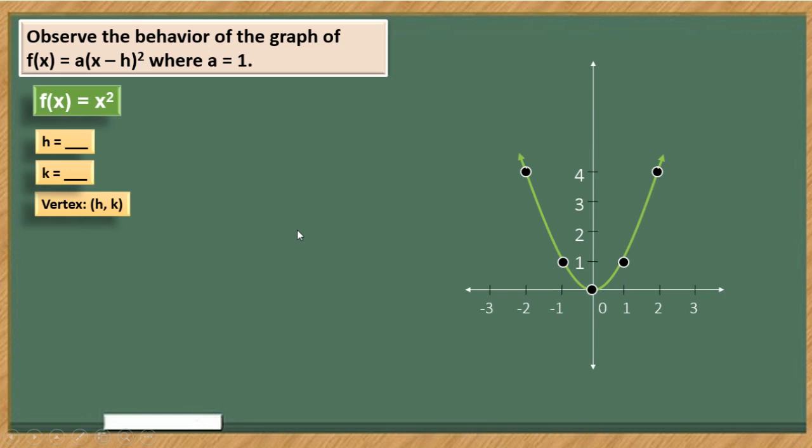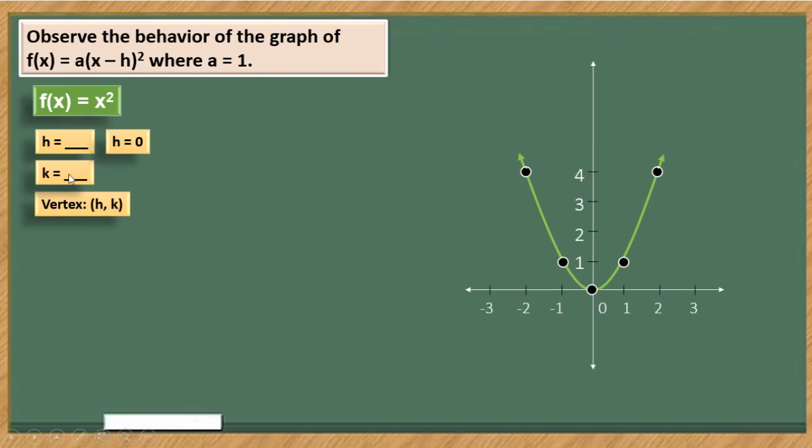Now, what do you think is the value of h in this quadratic function? Looking at the formula, you cannot find an h here or any other number. So therefore, the value of h is 0.